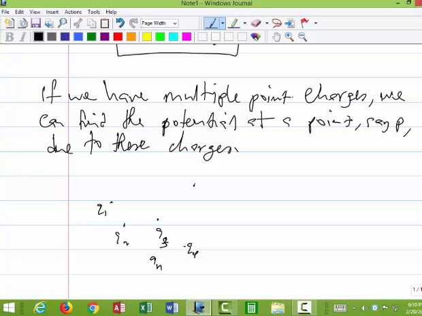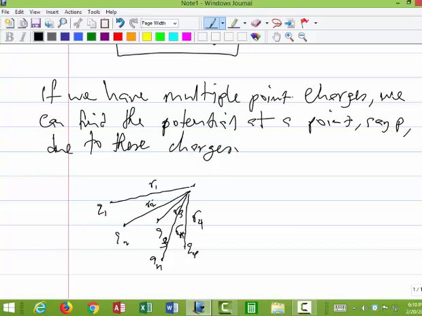The potential at some point here will be at this distance. Let's call it R1. This distance is R2. This will be R3. And this one is R4, and so on up to Rn.